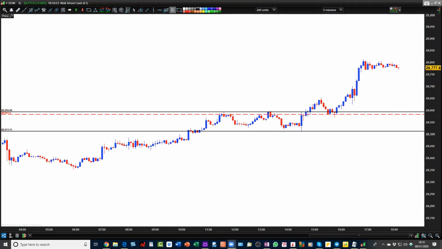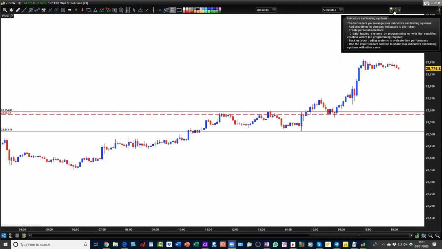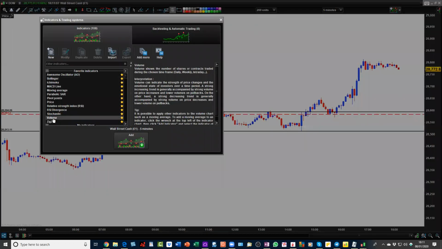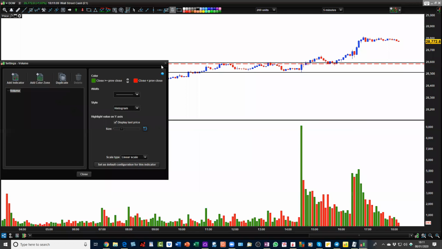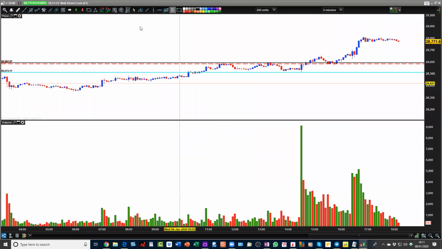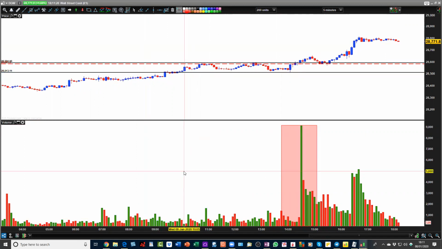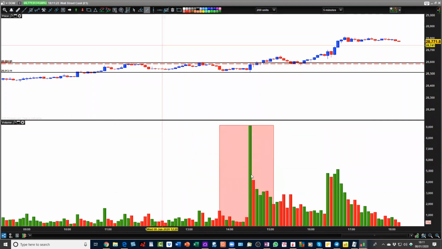Okay, a couple of other things to note. So let's get on to my core subject, no such thing as a bad entry or a bad exit. A couple of other things to watch out for is volume. If you put volume on this, you've got this huge spike here. Then also, this is something just to note, not necessarily take as part of the setup.